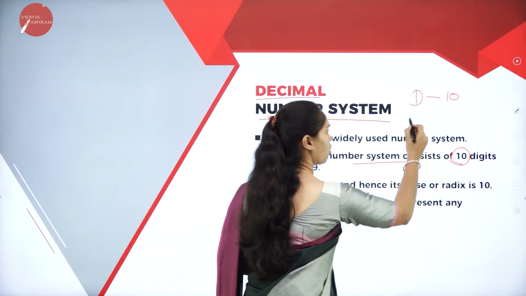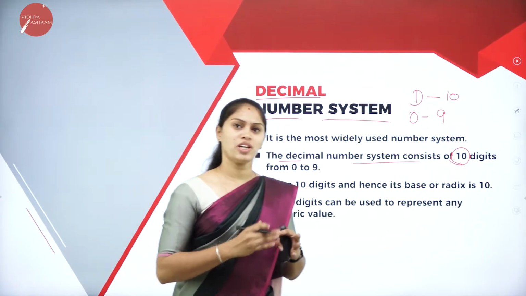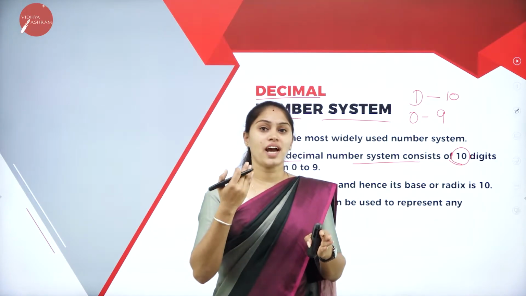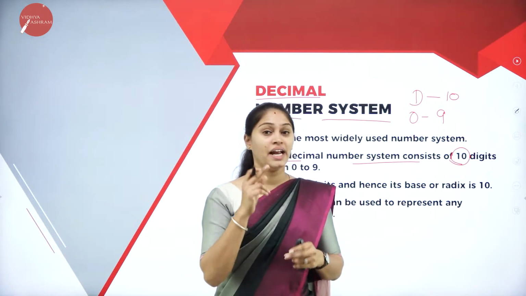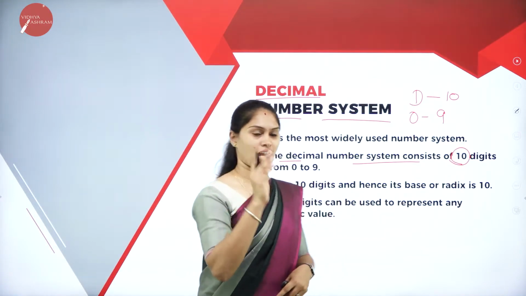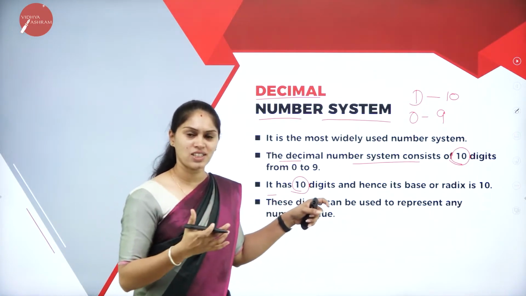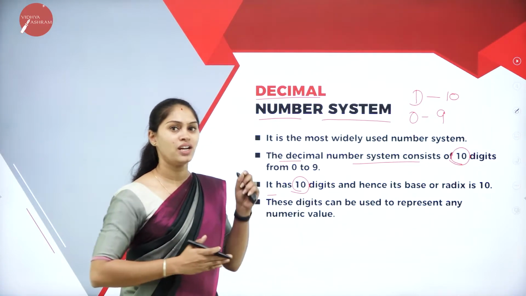Any number you represent with a combination of 0 to 9, we are going to call that a decimal number system, only when its base or radix is 10. That is, it has 10 digits. So what is base or radix? The total number of digits present in a particular type of number system.